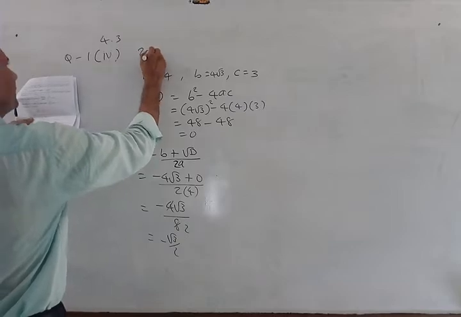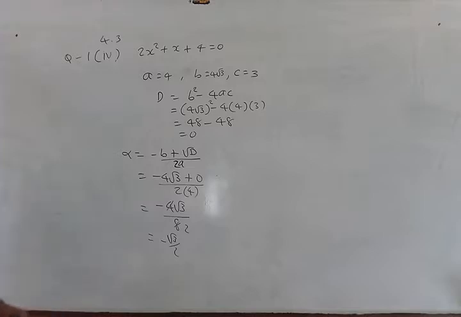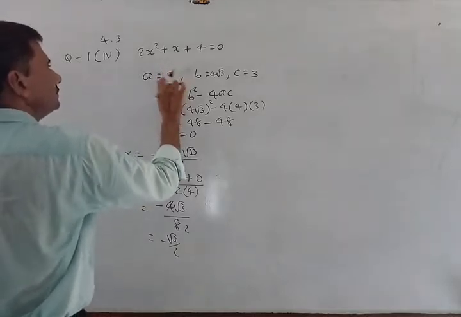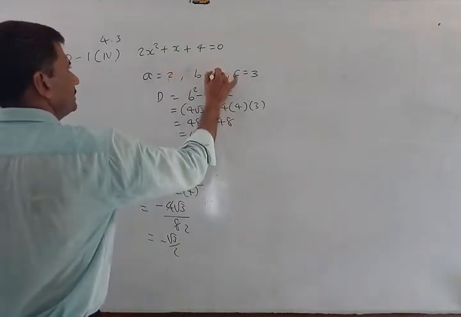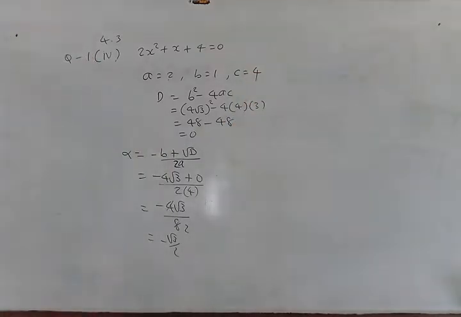It is 2x square plus x plus 4 equal to 0. So a is 2, b is 1 and c is 4. We have written a, b, c.